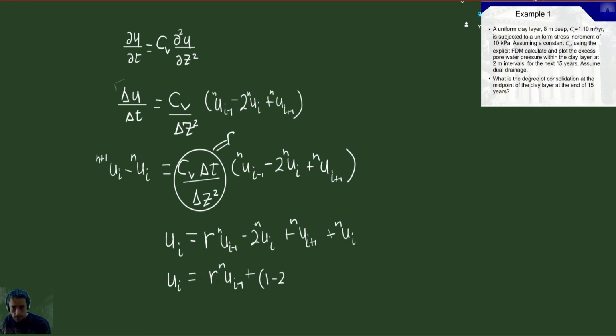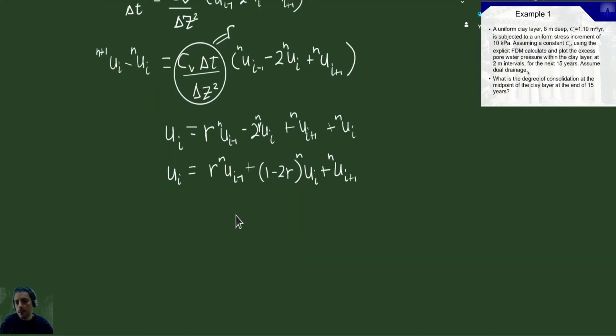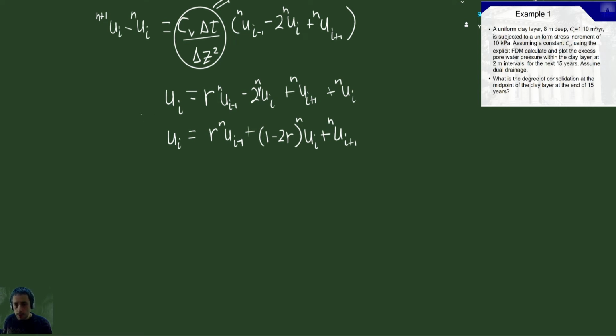Because we multiply r inside, this is 2r. So that's basically the equation that we need to set for ourselves for all the various nodes. Excuse me, ui plus 1 is r times ui plus 1.